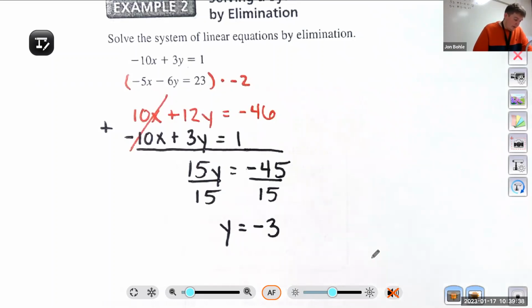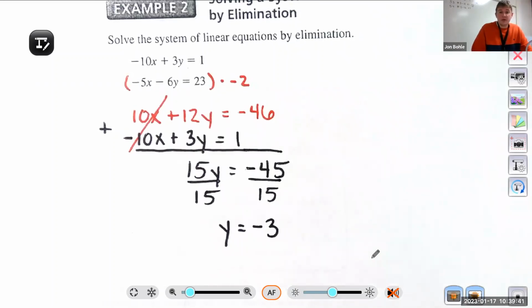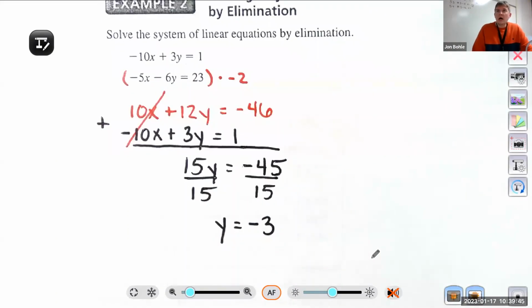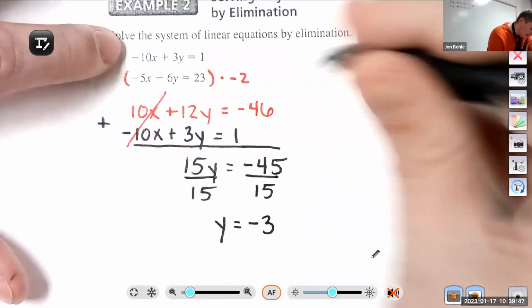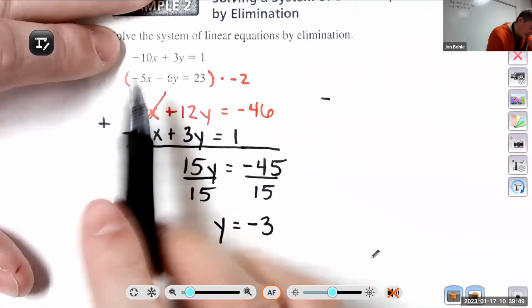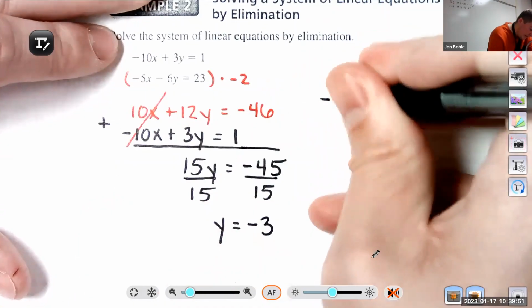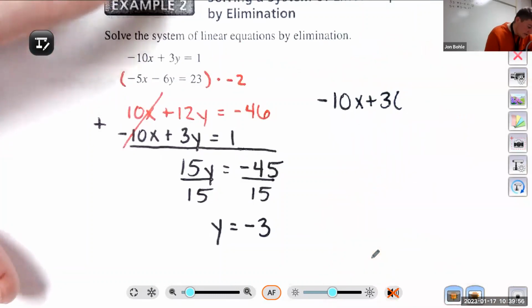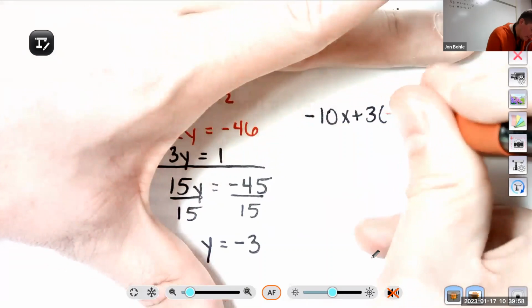So I should plug this into one of the equations or the other. It doesn't matter which one. You get to pick. I suppose the top one looks like it has fewer negatives. There's a bunch of negatives in the other. I suppose I'll do the top one. Doesn't particularly matter. So I'm going to replace y with negative 3.